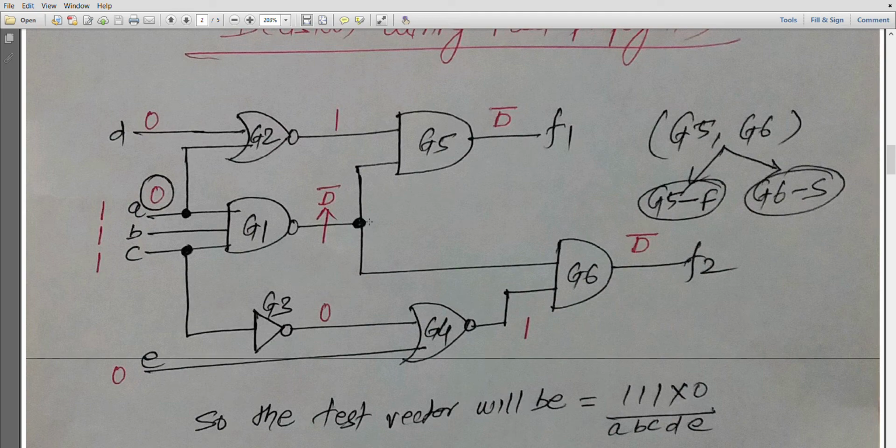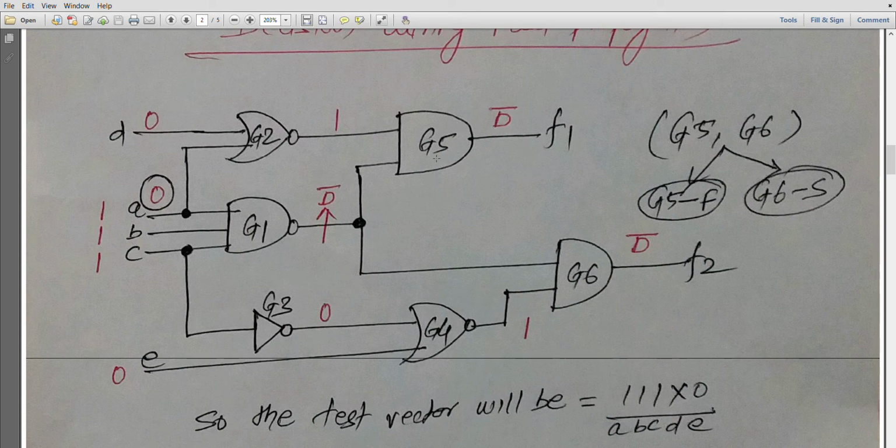Now let me tell you over here that in order to propagate this particular stuck at 1 fault, that is D bar, over here to F1, the other input of G5 has to be 1. What is this gate? This gate is an AND gate. I told you in the previous lecture, the non-controlling input for an AND gate is 1, because an AND gate is sensitive to 0.